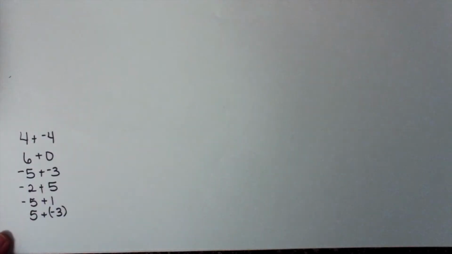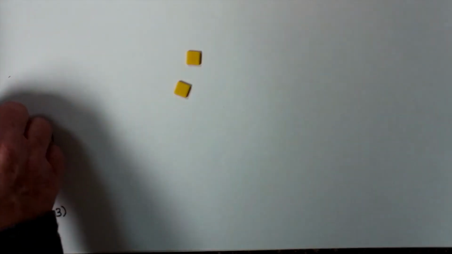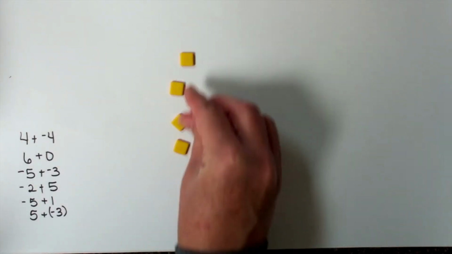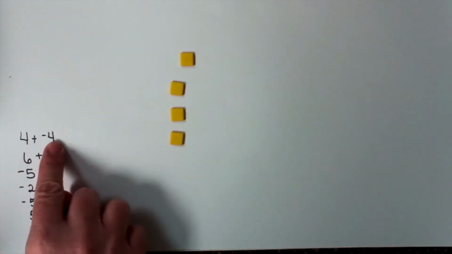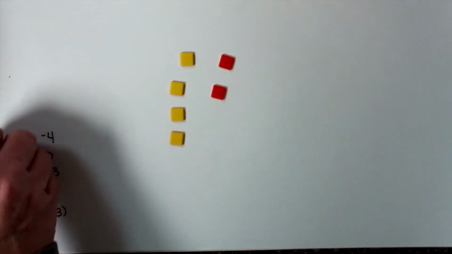Okay, so I've got some problems here at the bottom, and we're just going to work through these today and talk about how we would work through them with the students. So I've got 4 plus negative 4. Of course, build my 4, and I'm making sure it's positive 4. And I'm going to line those up. Now I'm going to add negative 4. This is where that zero pair I just talked about is so important.